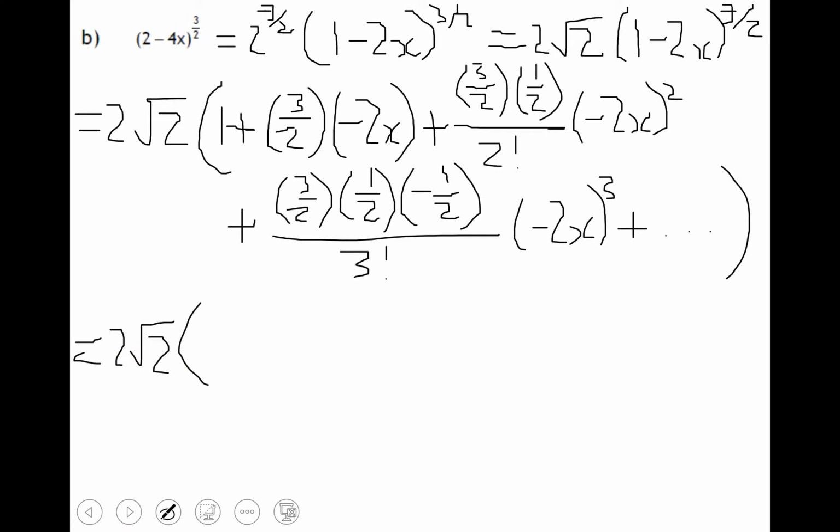So multiplying out, you get 1, 3 over 2 times minus 2x will give us minus 3x. Then 3 over 2 times a half, all over 2 factorial, times the minus 2 squared will give us 3 over 2, and x squared.